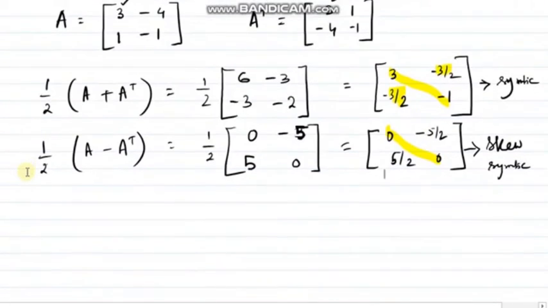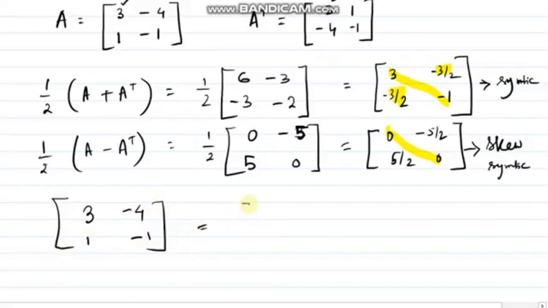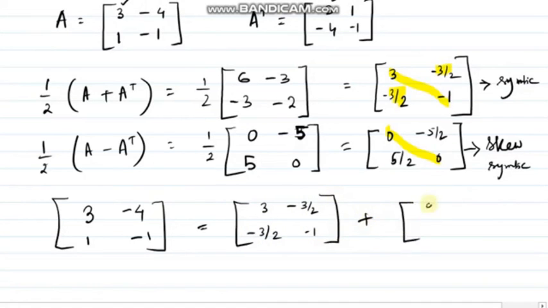So we can write a matrix like this, 3, minus 4, 1, minus 1 as sum of symmetric, this will be a symmetric, please don't add them, you will get the first matrix only, and skew symmetric matrix like this. So you can also do this for 3 by 3 matrices.